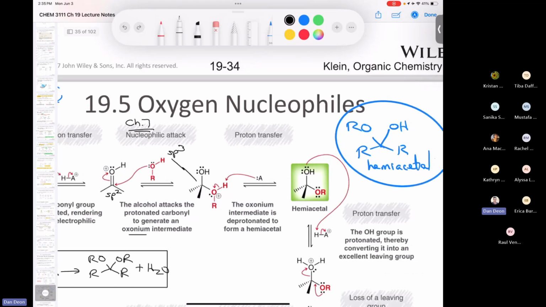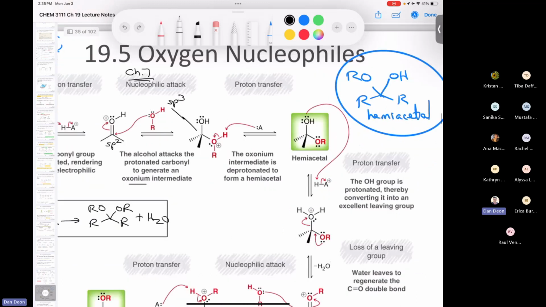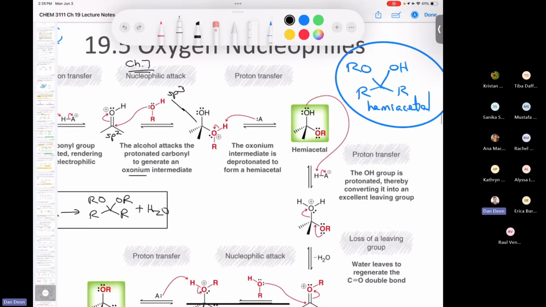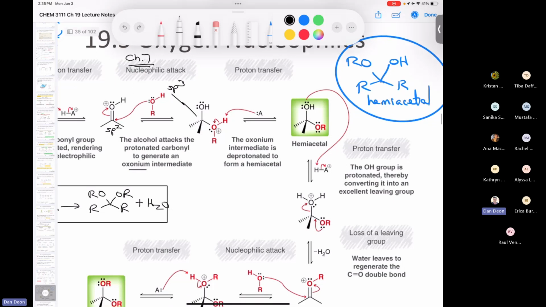So you're basically almost at the halfway point. Now remember, you're trying to get 2 OR groups, so you've got to lose this, and this gets lost in the form of water. But remember, hydroxide can't just take off here, because you can't have hydroxide in strongly acidic conditions. So you have to protonate it first to convert it into a good leaving group, which is water.